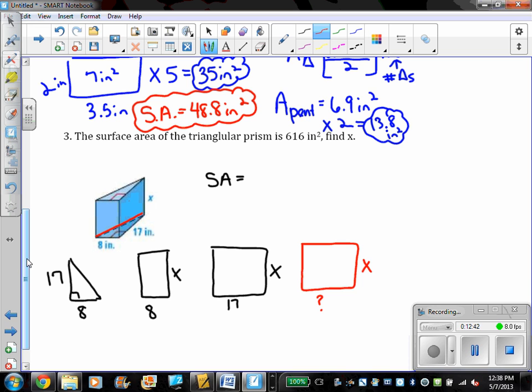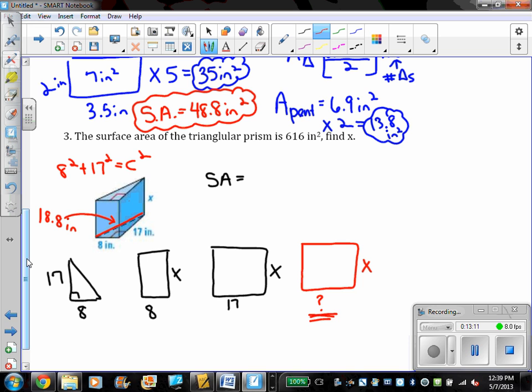we don't know. But we can find this right now by using the Pythagorean theorem. So my one leg squared plus my other leg squared: 8 squared plus 17 squared should equal c squared. So that c, or this length right here, is going to be 18.8 inches.